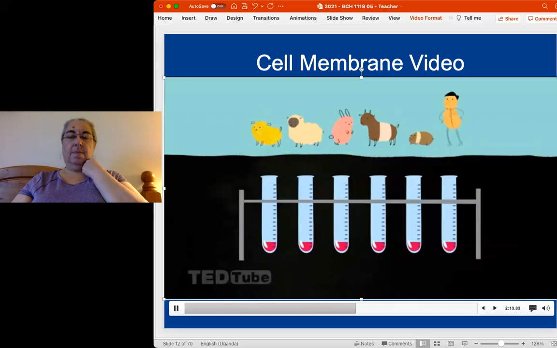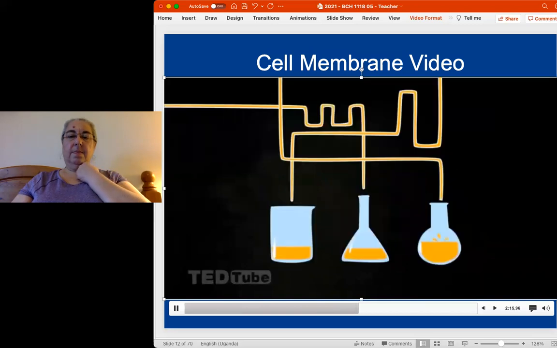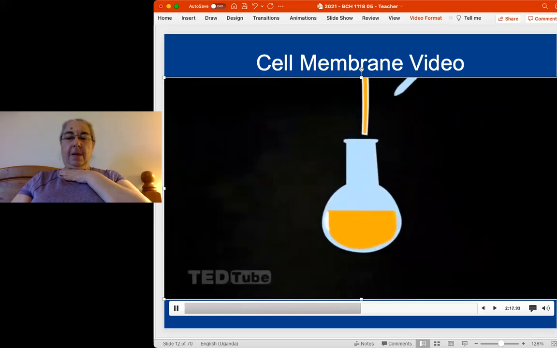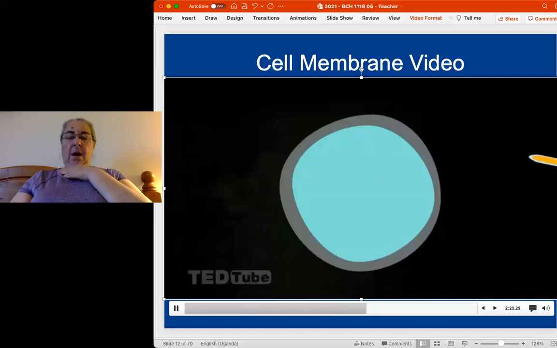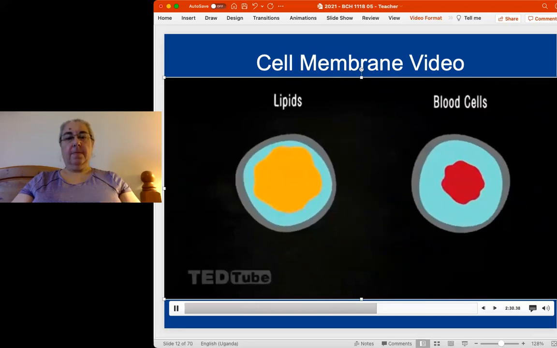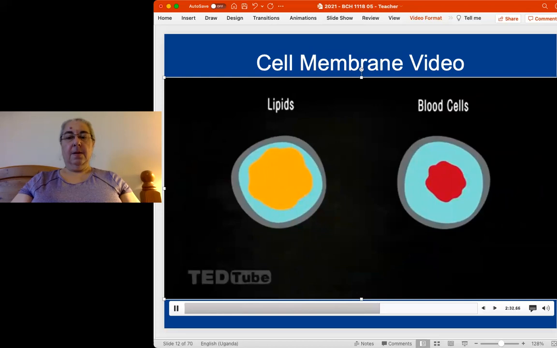From each of these samples, they extracted all the lipids from all the red blood cells and placed a few drops of this extract on a tray of water. True to form, the lipids, like oil, spread out into a monolayer, whose size Gorter and Grendel could measure. If they compared the surface area of that monolayer to the surface area of the intact red blood cells, they'd be able to tell whether the red blood cell membrane is one or two layers thick.